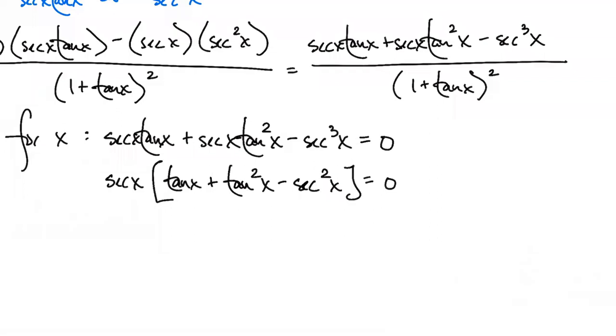Because we subtracted the secant squared, but we also have to move that 1 to the other side, and when we move that 1 to the other side, it's going to be negative. So this we can replace with -1. Well, that is going to give us secant x times tangent x minus 1 equals 0.